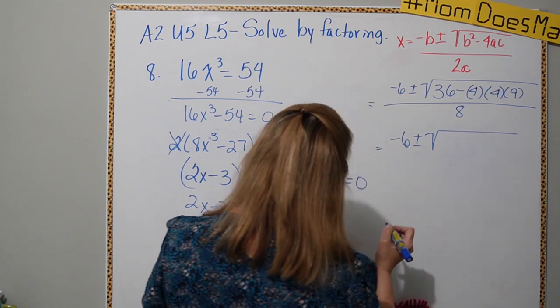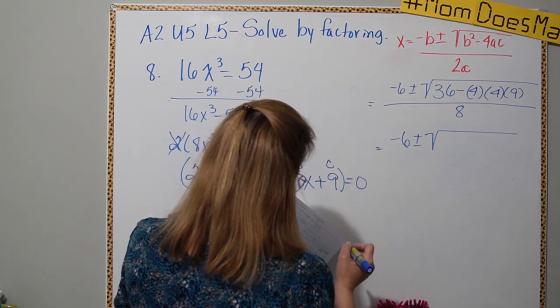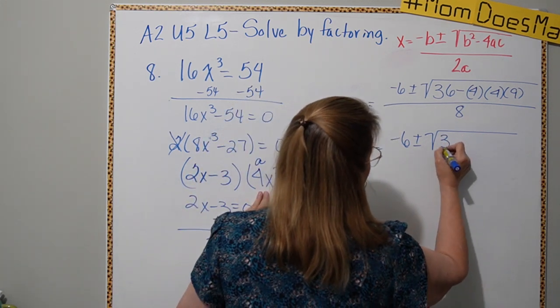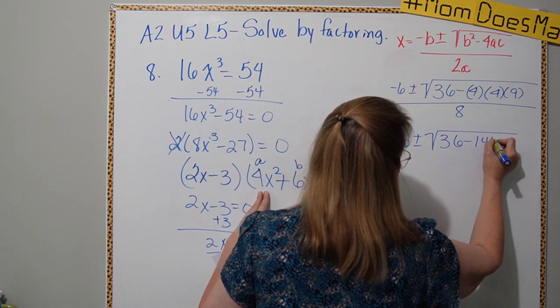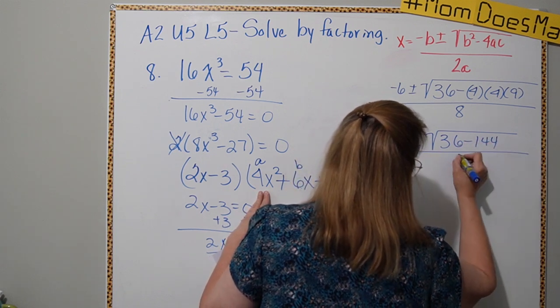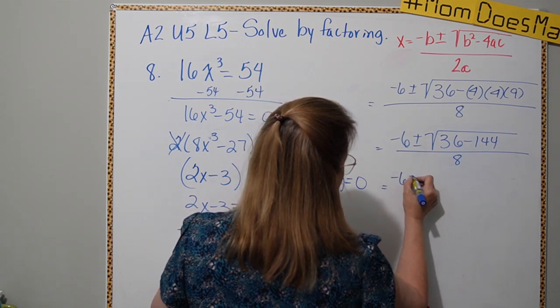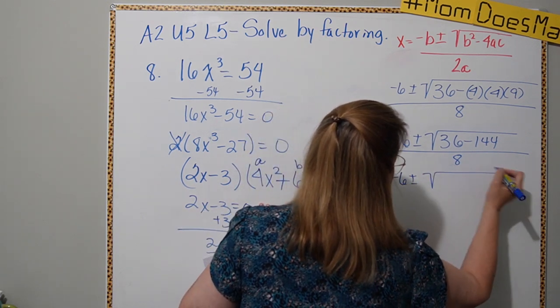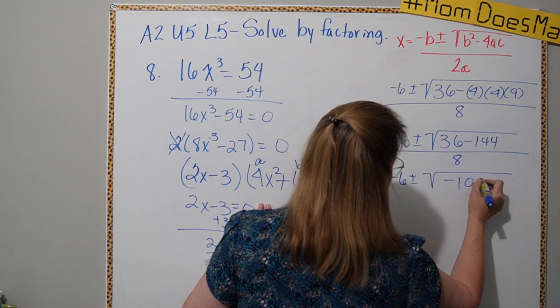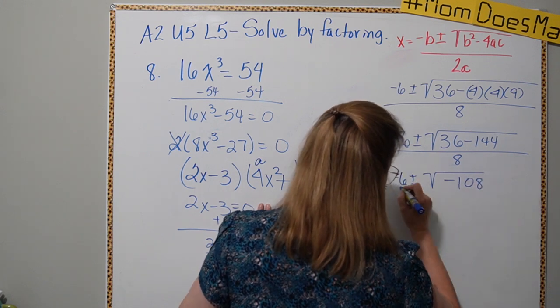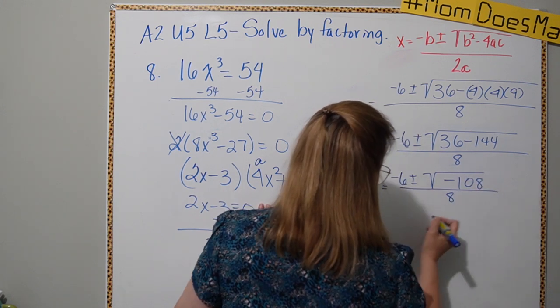All right, 4 times 4 is 16, times 9 is 144. So I'm going to have 36 minus 144 over 8. And then negative 6 plus or minus 36 minus 144 is negative 108, all over 8.